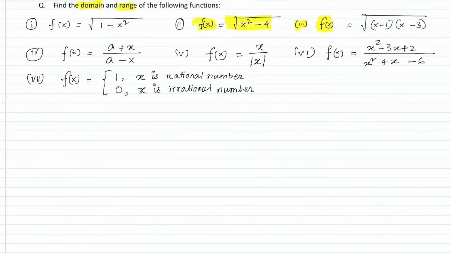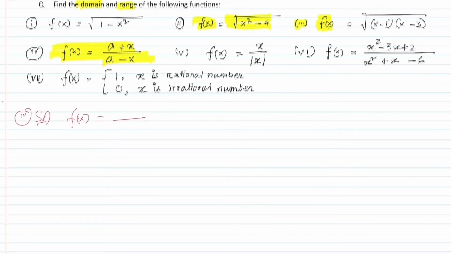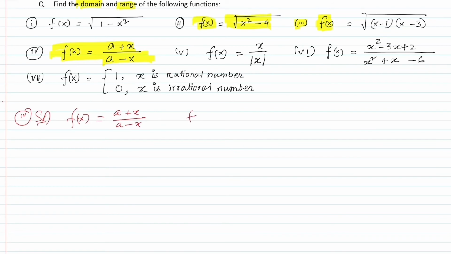Now let me show you this one. f of x is equal to (a plus x) divided by (a minus x). So here you see, for a minus x equal to 0, this f of x is not defined, because if a minus x is equal to 0, then (a plus x) divided by 0 is not defined.